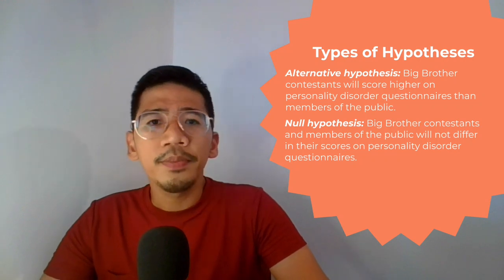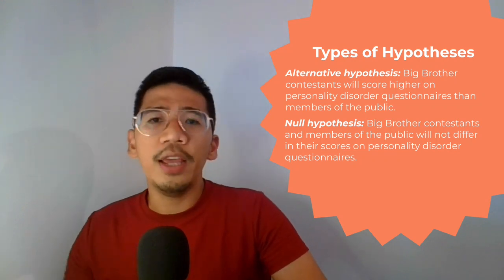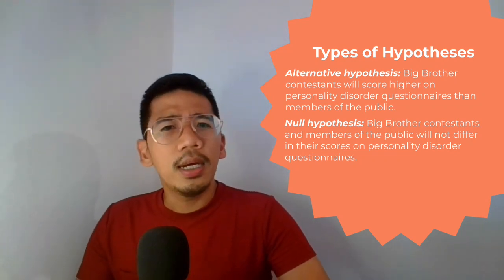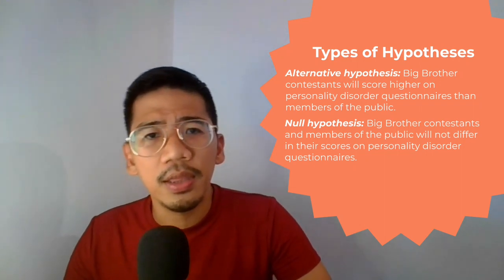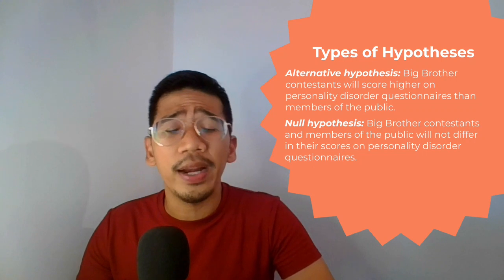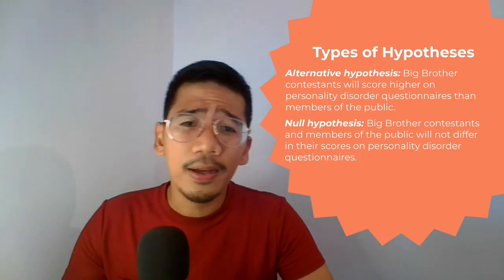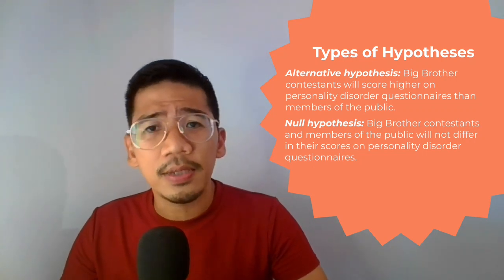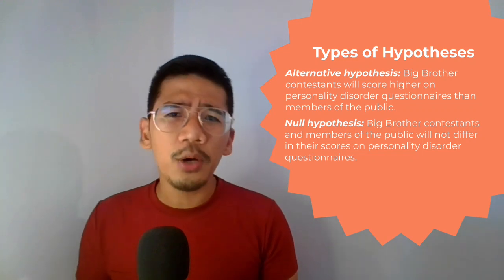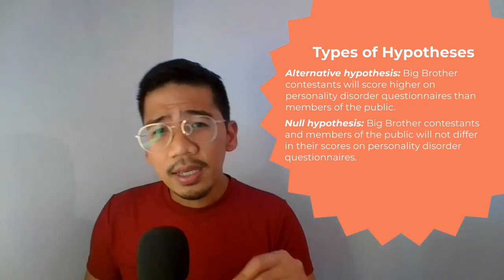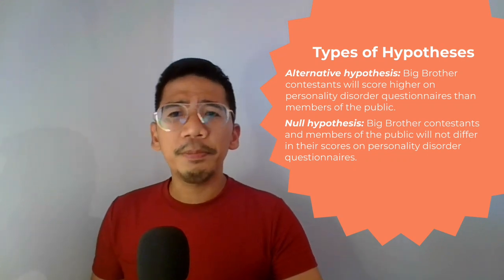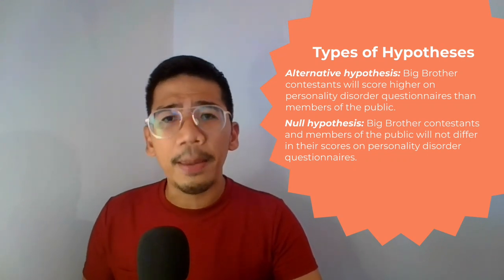In our data, if our data gives us confidence to reject the null hypothesis, then this provides support for our experimental or alternative hypothesis. However, you have to be aware that even if we can reject the null hypothesis, this doesn't prove the experimental or the alternative hypothesis.